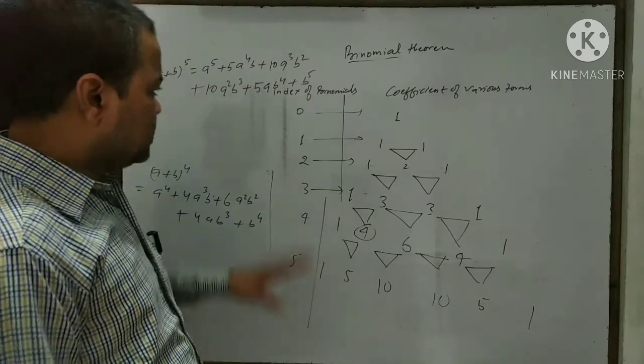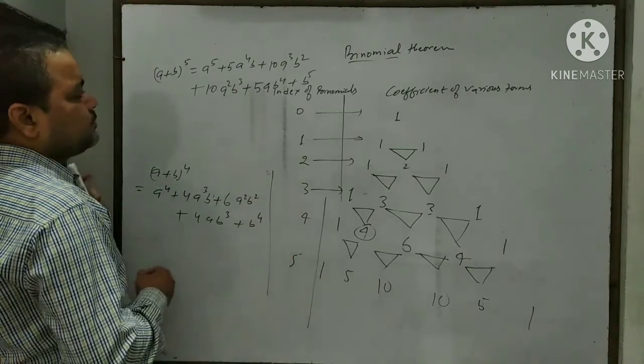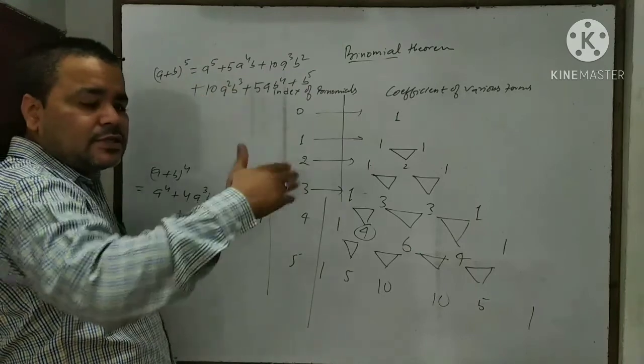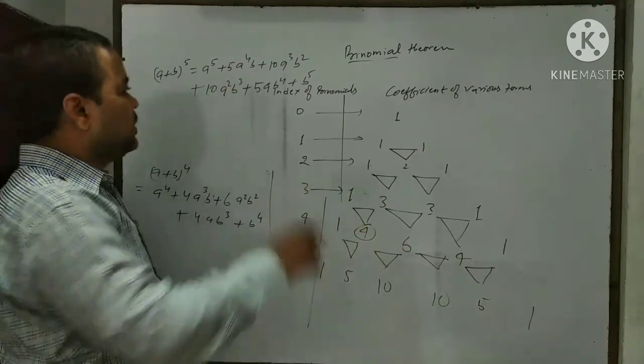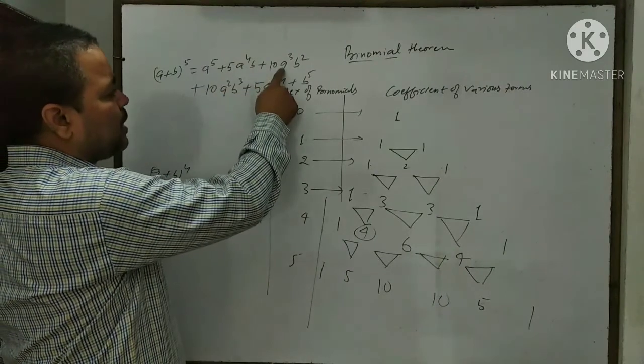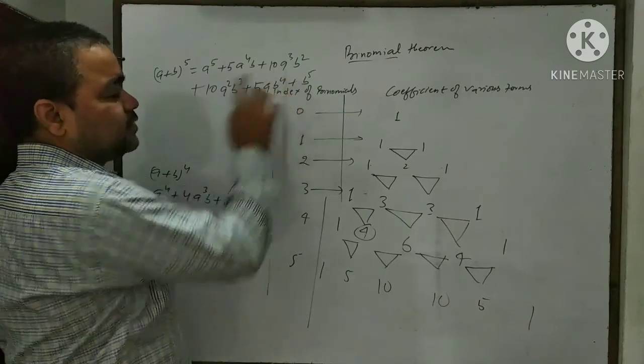Now, if we see this carefully, we find that the power of a is decreasing by 1. Here the power of a is 5, then 4, 3, 2, 1, and here 0.